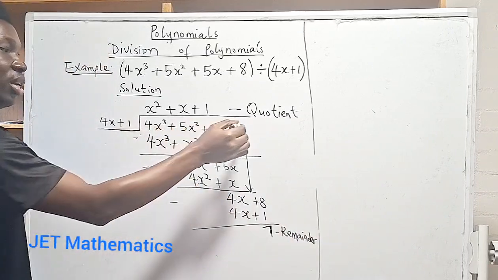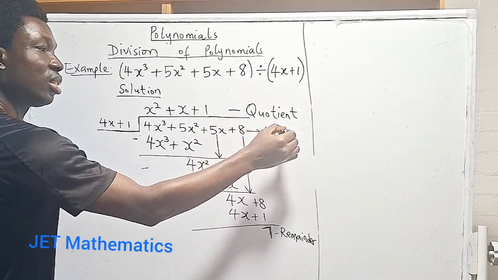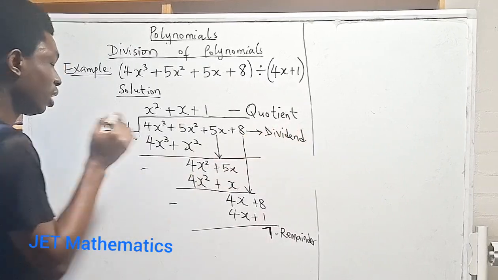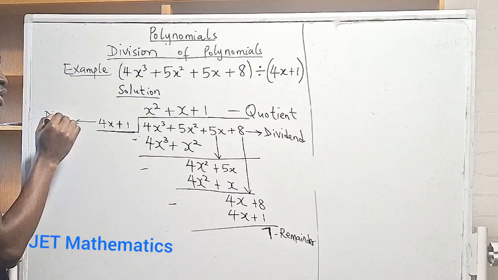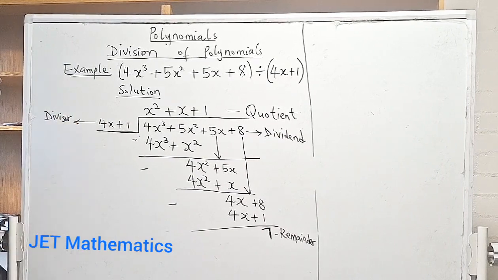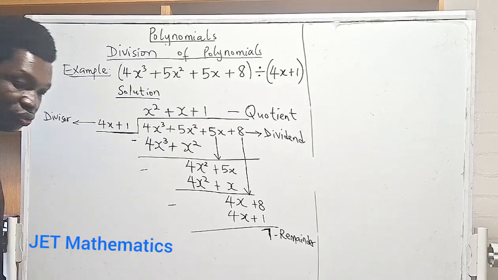Remember, this is the dividend, and then this is the divisor. Alright? So that's how you perform simple division.